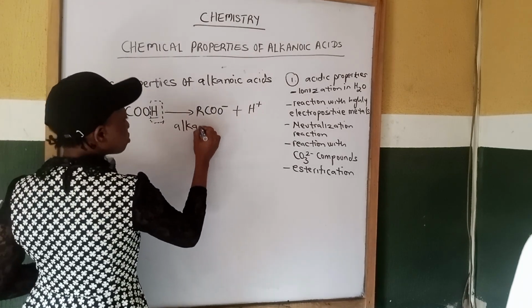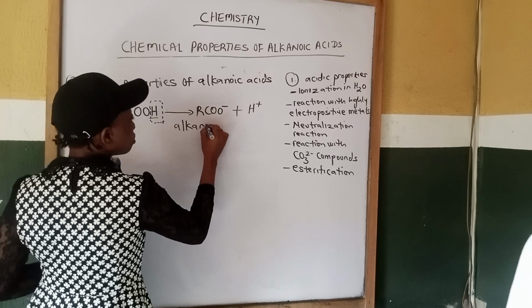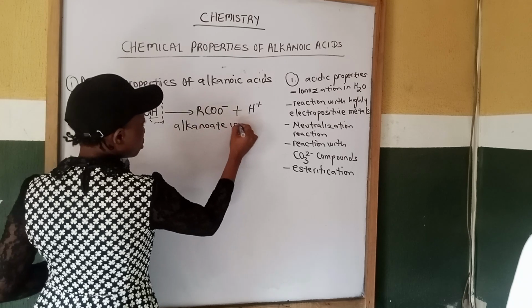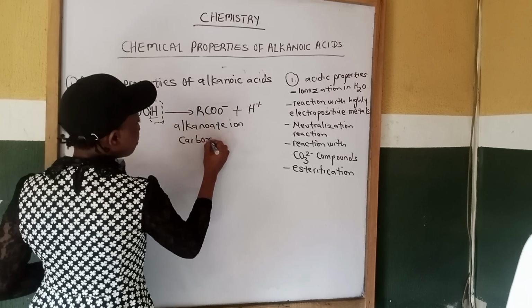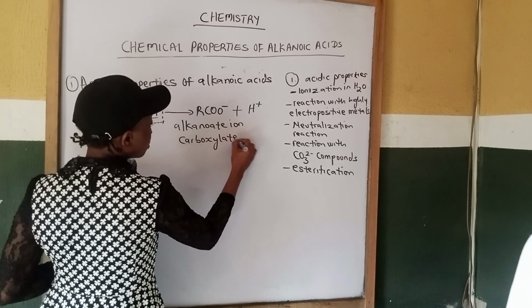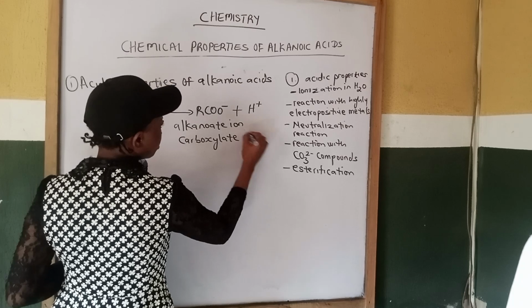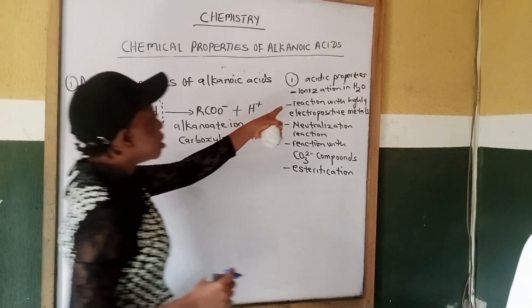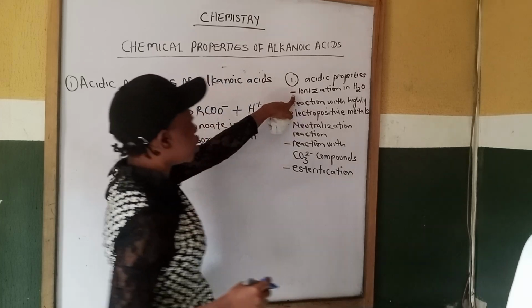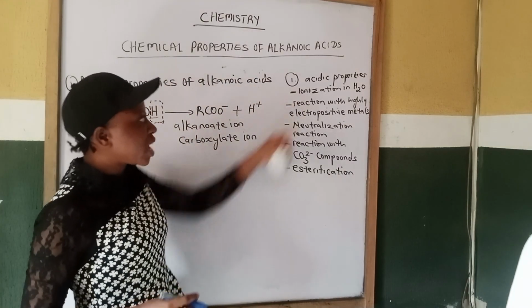Alkanoate ion, or carboxylate ion. So let's talk about the first chemical reaction under these acidic properties, which is known as what?